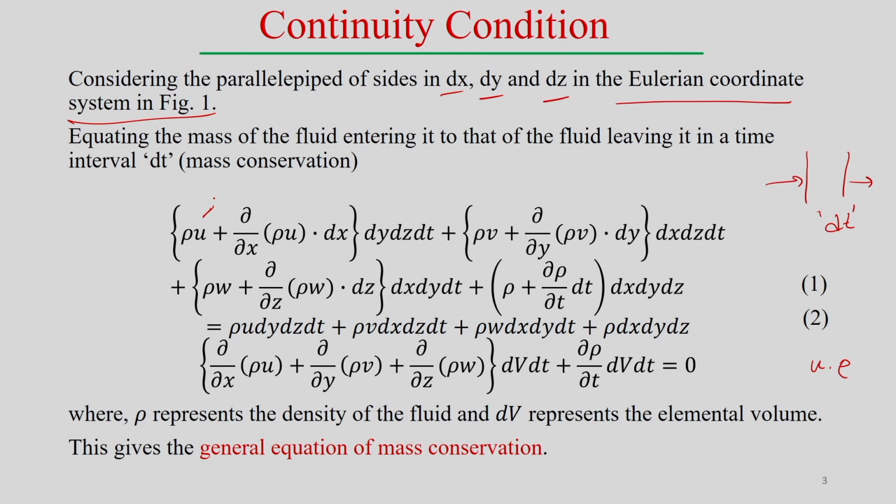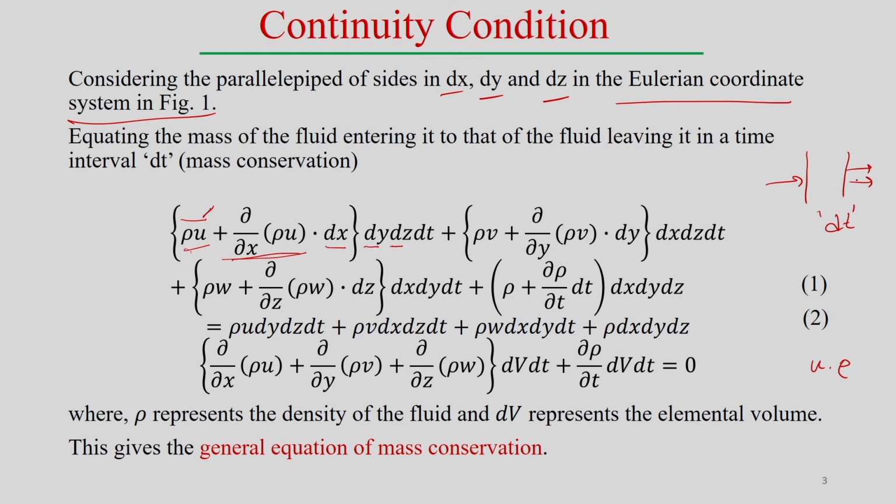Now, this is rho u, and then del by del x of rho u. This is the change, because at the exit phase there is a change of the velocity field, and that is happening over dx. It is a representation per unit volume, over the phase.